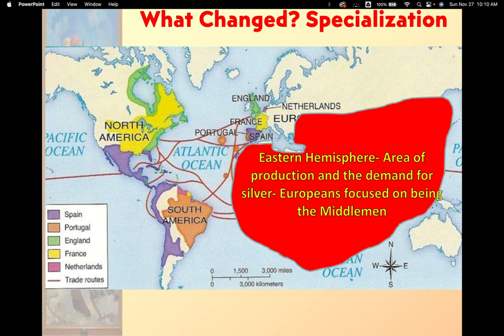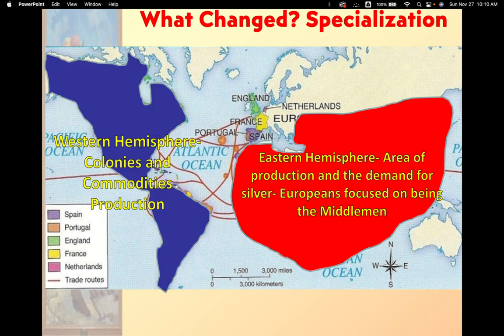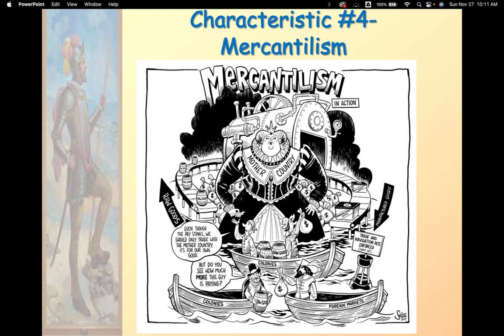Europeans here focused on becoming the middlemen, whereas in the Western Hemisphere, the colonies become commodity producers and silver producers and markets. And Europe becomes a home for finished goods. So when we talk about cotton, cotton was taken from India, brought into Europe, made into finished goods, and sold in the New World.